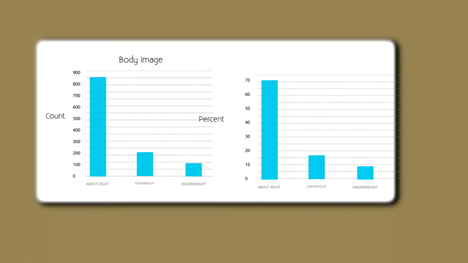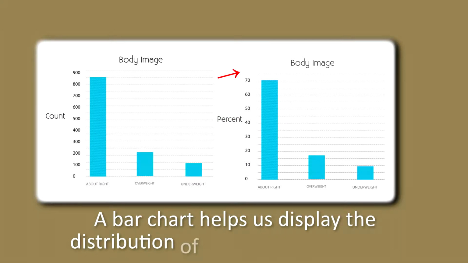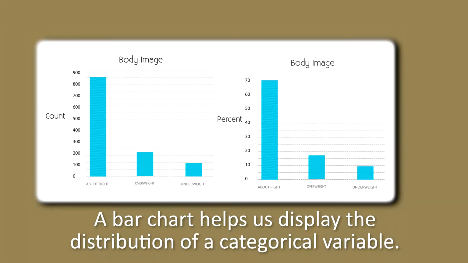In the first bar chart, the height of the bars is measured on the Y, or vertical axis, as the number or count of college students giving each response. The second bar chart shows the same data, but as a percentage of the total sample. A bar chart helps us display the distribution of a categorical variable, for example, percentage of observations in each category.